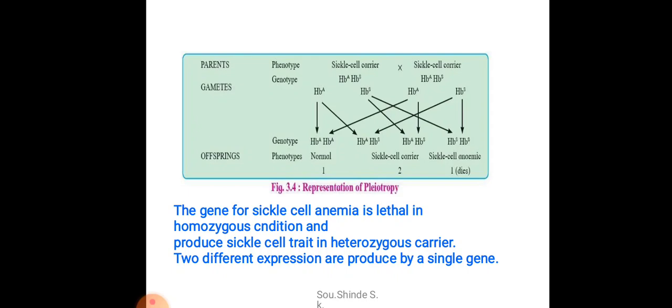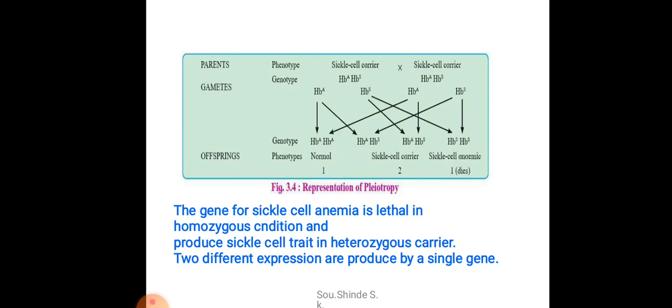The normal or healthy gene HbA is dominant. The carrier is HbA HbS. When a sickle cell carrier parent is crossed with a sickle cell carrier, the genotype expression is HbA HbA normal 1, sickle cell carriers 2, and sickle cell anemic 1. The homozygote with the recessive gene HbS dies of fatal anemia.